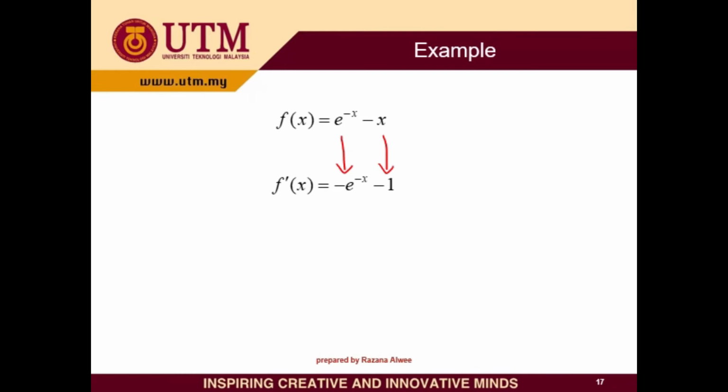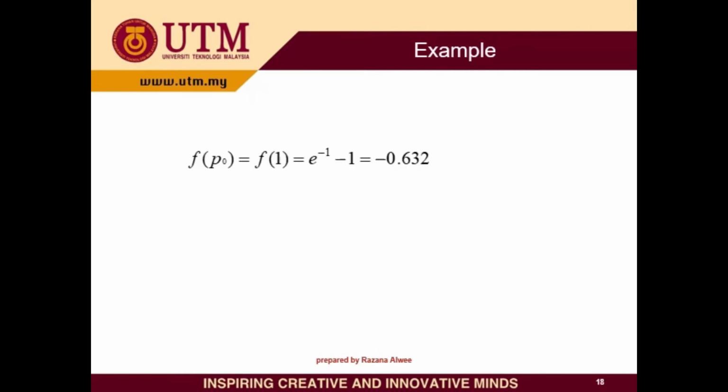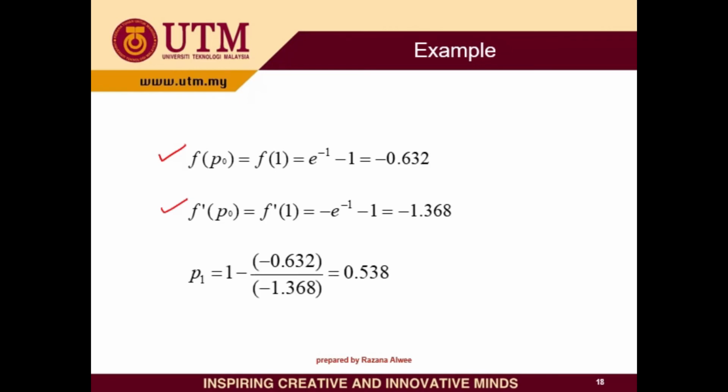Then after you find the f prime here, you can use this to find your p1 using the equation given. So we have our p0, f(p0) and f prime(p0), so insert these values into the equation, and we get your p1.